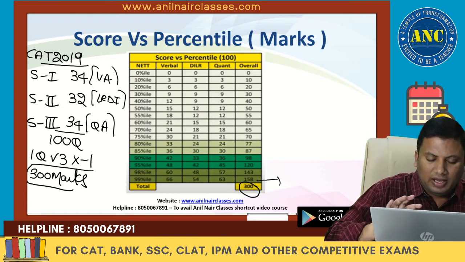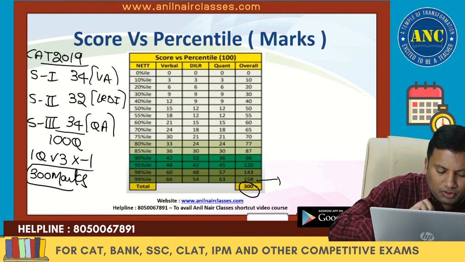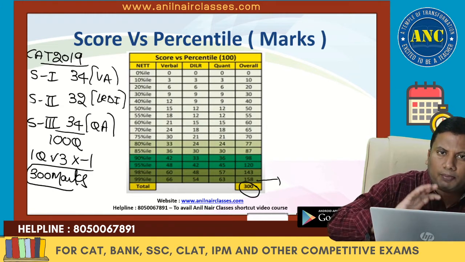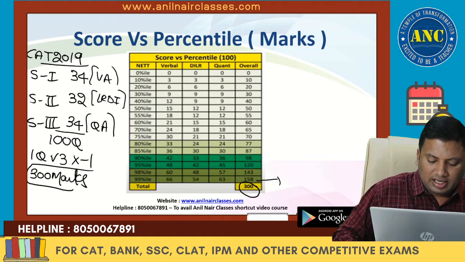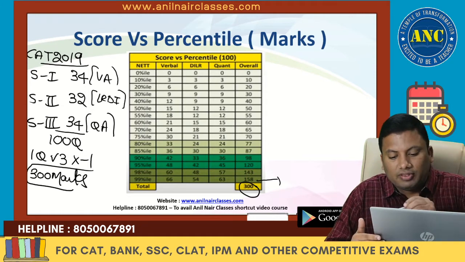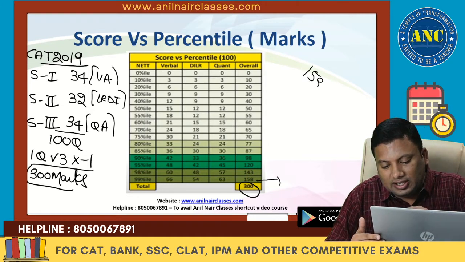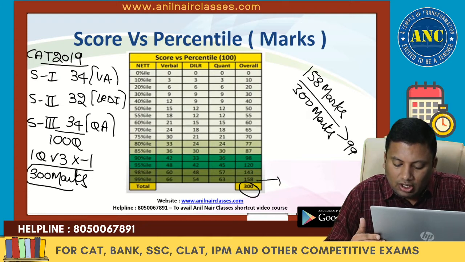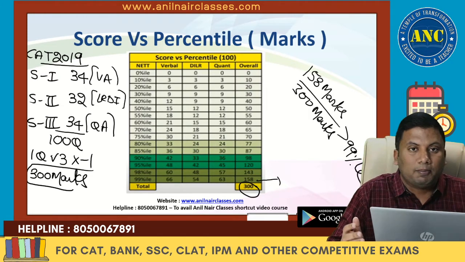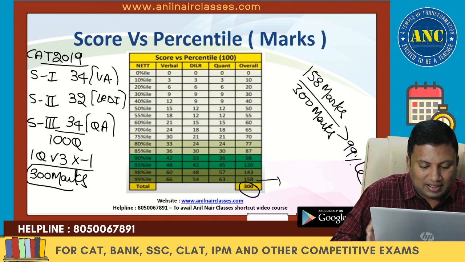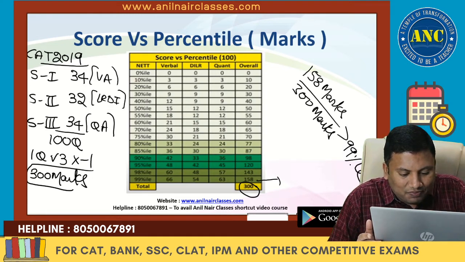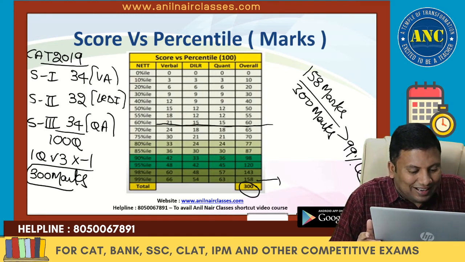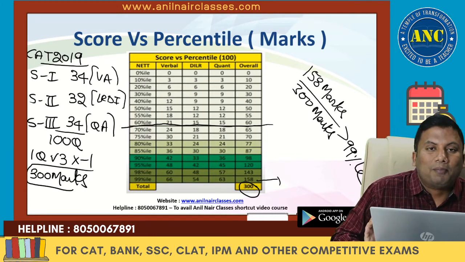That means if a student gets 158 marks out of 300, he is very much sure to be in the top 1 percentile. Extremely important.